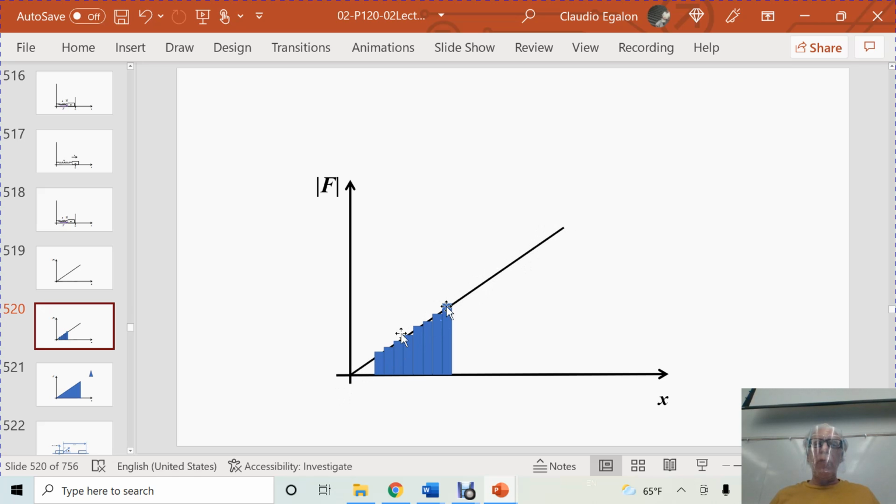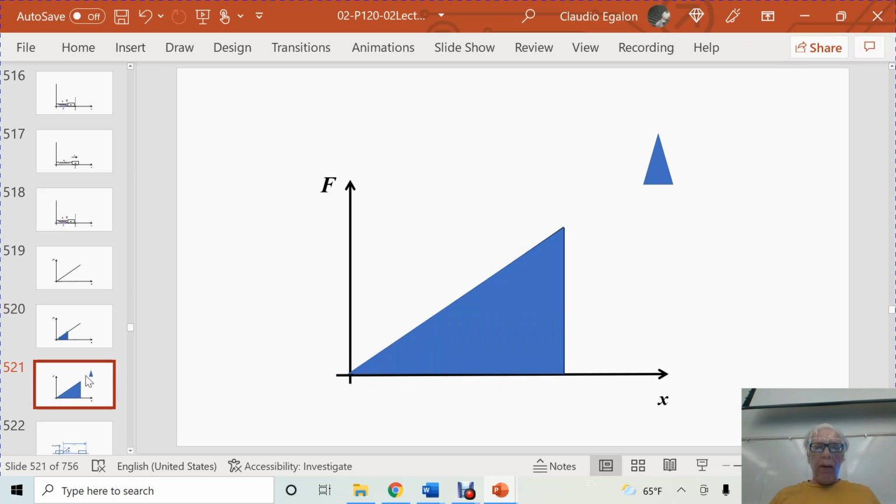If you're working with numerical methods, you treat this area as small, very thin rectangles, and then you calculate the area of each rectangle to find out the work done by this force. Okay, here you go.